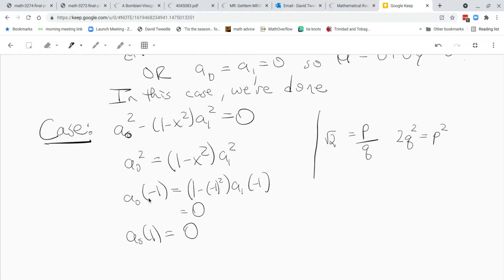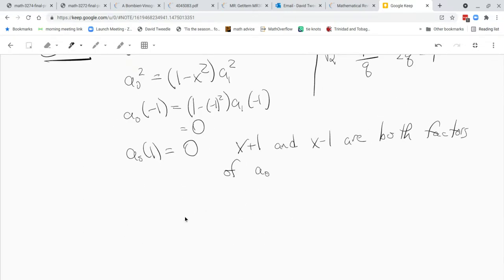Well, if a polynomial has -1 as a root, it has a factor of x plus 1. If it has 1 as a root, it has a factor of x minus 1. So x plus 1 and x minus 1 are both factors of a0.